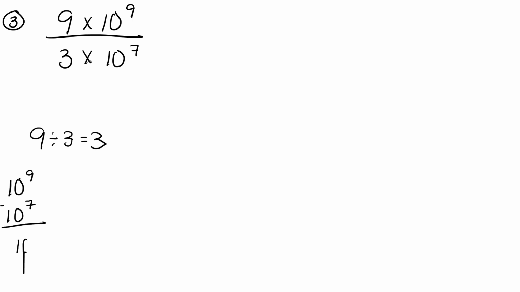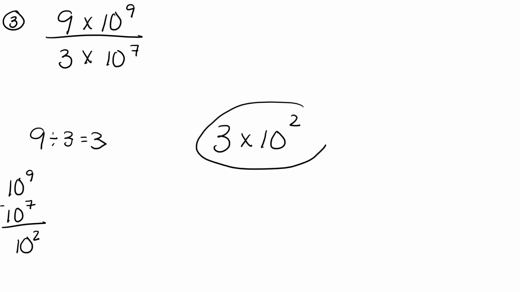If we subtract those, we would get 10 to the 2nd power. 9 minus 7 would give us 2. And so our answer would be 3 times 10 to the 2nd power. We do not have to move a decimal point because in a whole number, the decimal is already behind the first number, 3. And so our answer would stay 3 times 10 to the 2nd power.